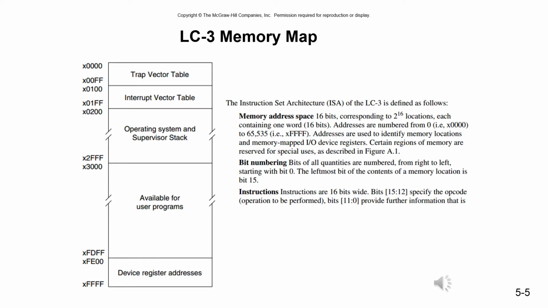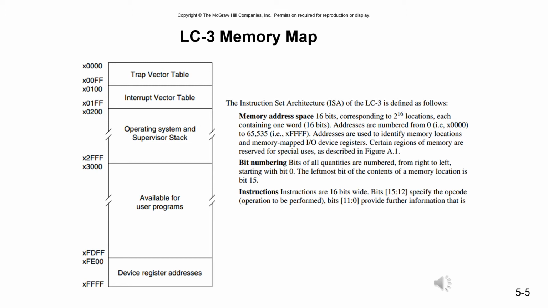Here is the memory map, addressed in hexadecimal. So you see X0000, that is the first address of the first memory location. And hex FFFF, you'll see the X, that just means it's hexadecimal notation. FFFF is the last memory address in the LC3 memory map.